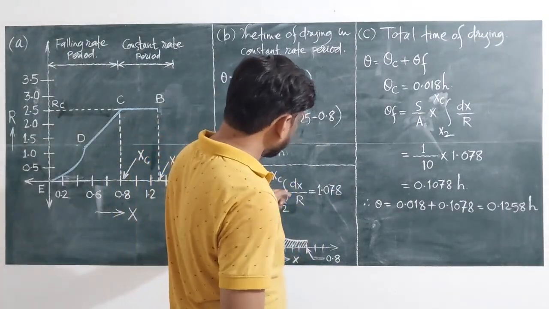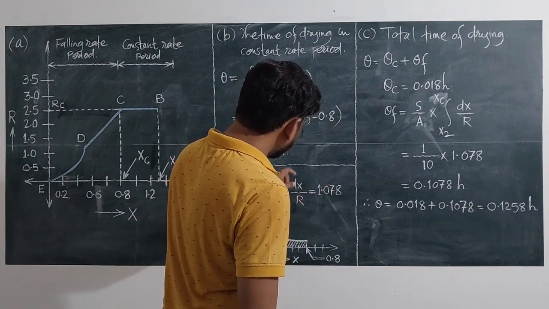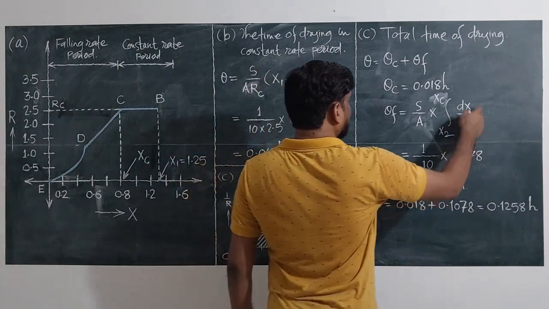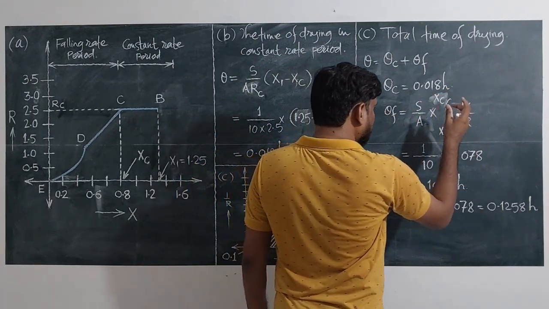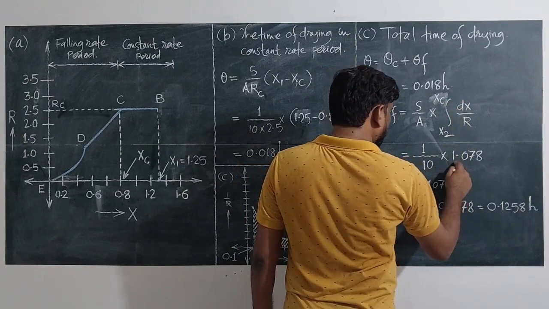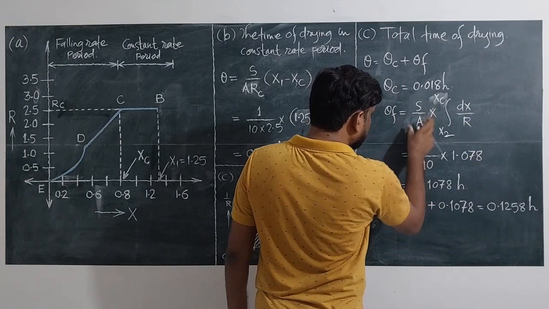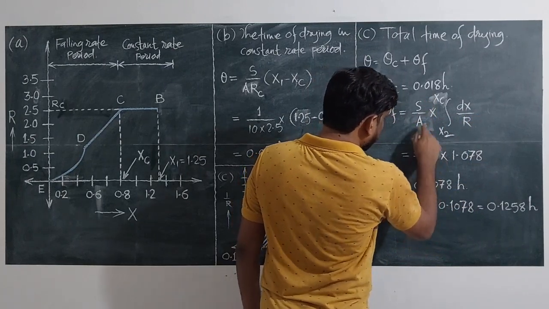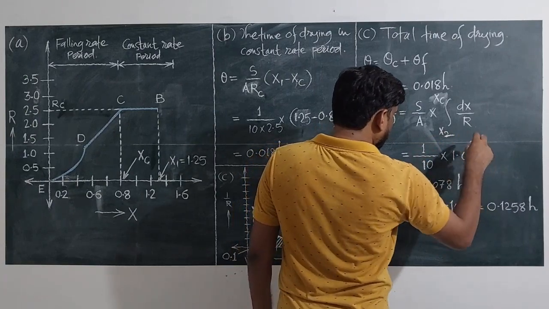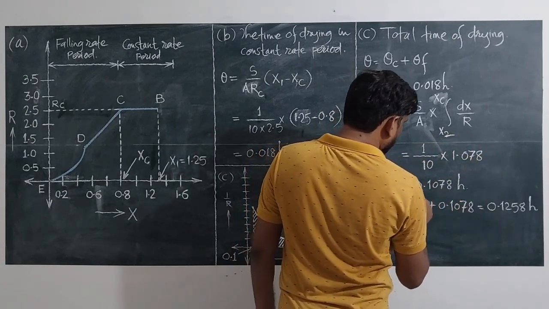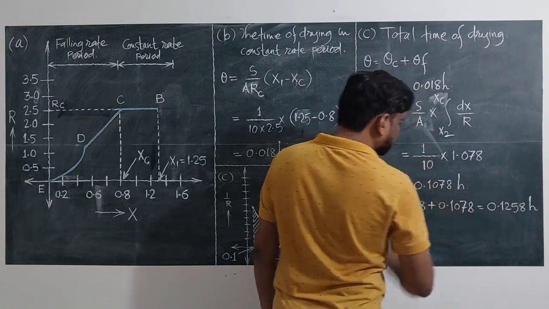So 1.078 is the value of this integral, and this integral is a part of this equation, which gives the value of theta F. You just have to put the value 1.078 in place of this, multiplied by this value, which is 1 by 10, since S is equal to 1 and A is equal to 10. So the total value of this is equal to 0.1078 hour.